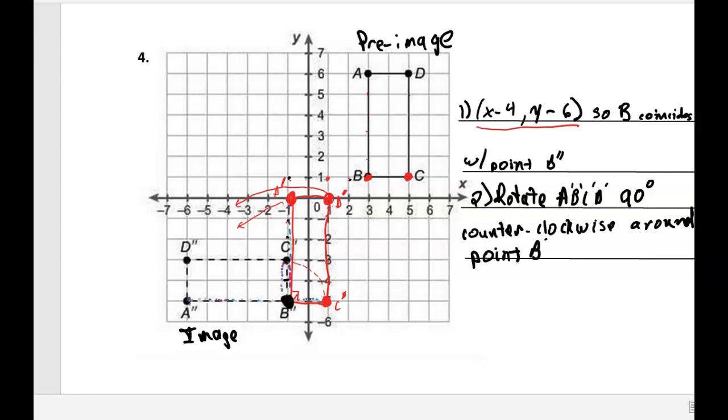We could call it either one since they're both there now. We'll call it B double prime, the one that was there from the beginning. All right, that should then take the red one and match everything up perfectly, landing right here. Okay, so that's what we're looking to do.